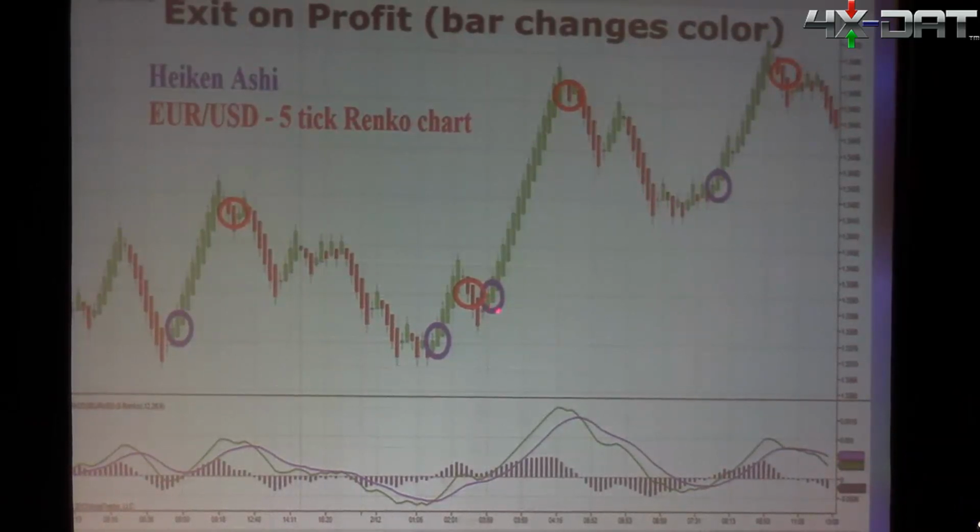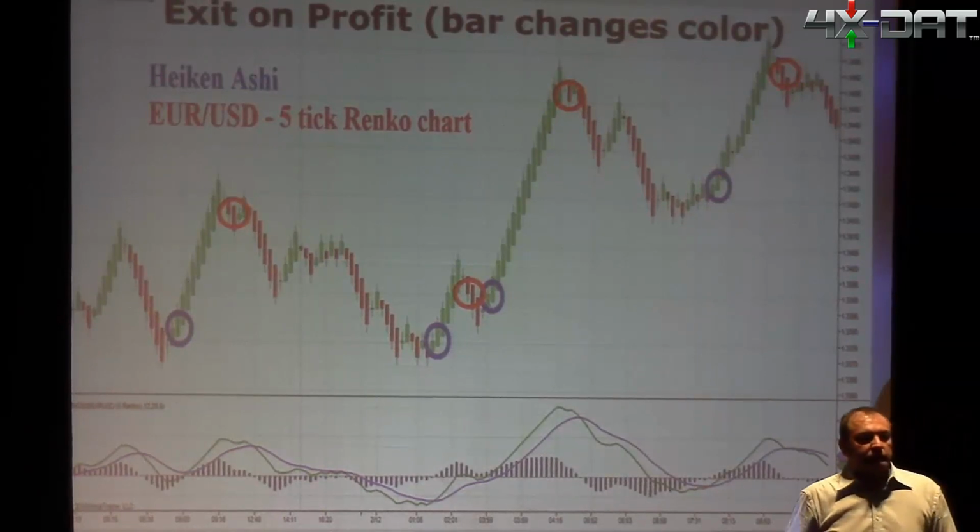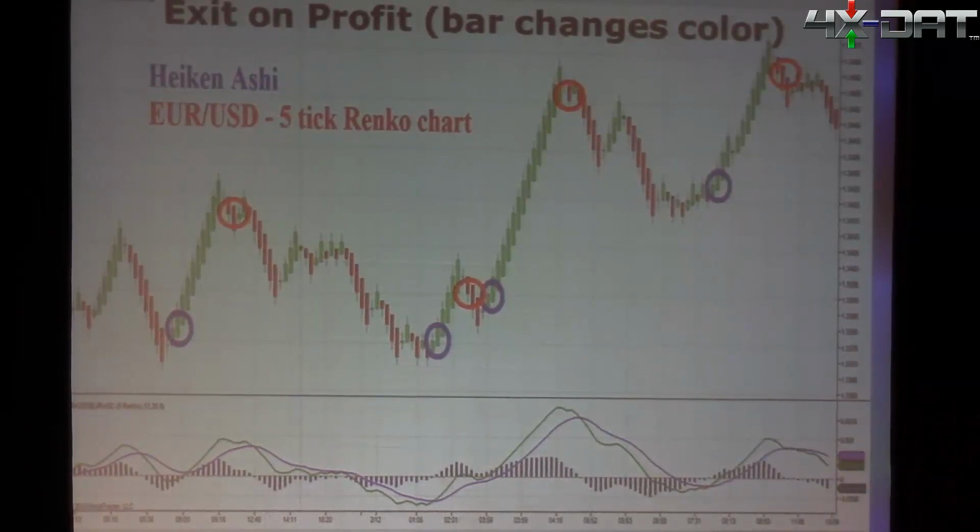And I would have it protected probably as soon as this one. If I see that this one's protected, this one's protected, I probably wouldn't wait until the market got up here. I'd probably protect it after 40 pips, just like we did here. And then you could just add on.